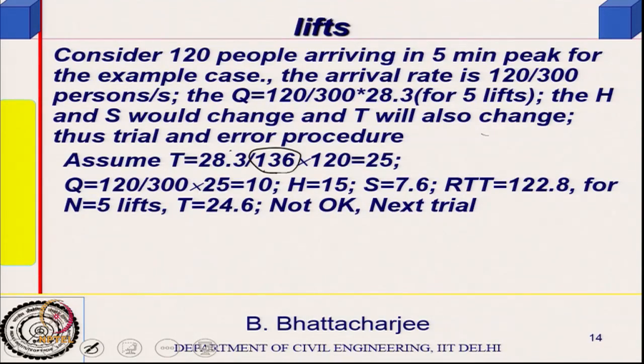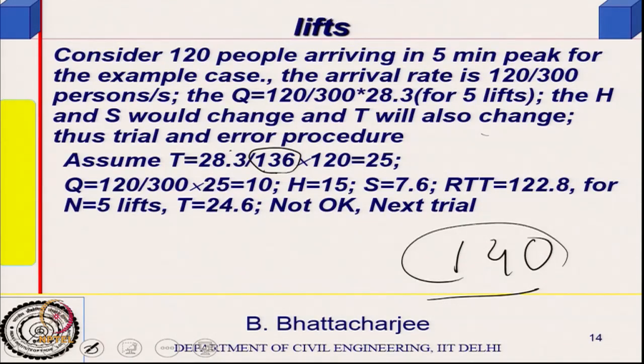What I am doing is, instead of assuming 1 for T, I am reducing it down to some value, right? So basically now I have to assume the waiting interval.